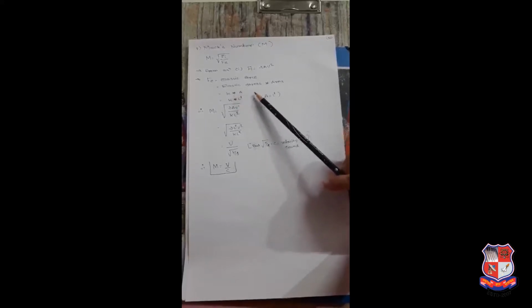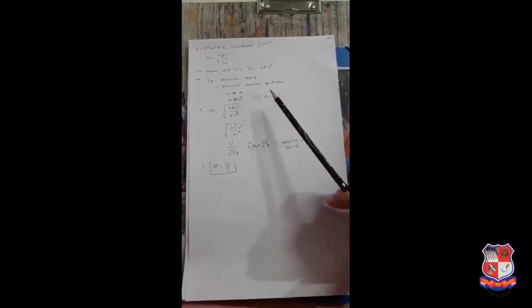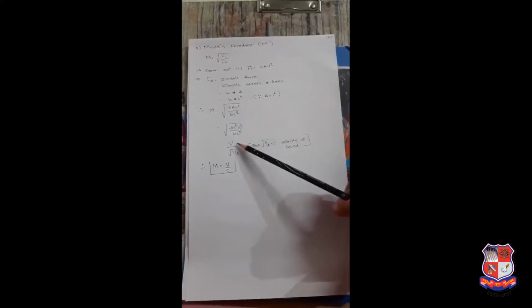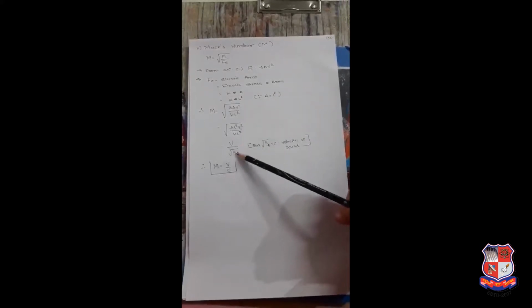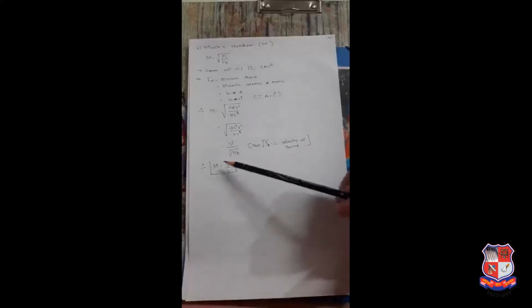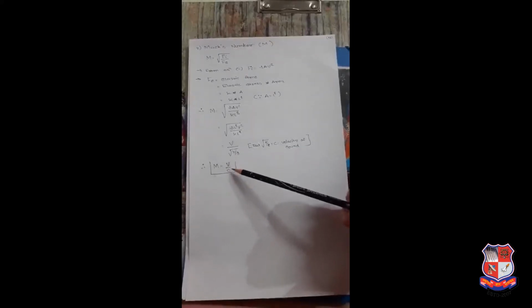Elastic stress is denoted by K, so K into A. Area can be written as L square. So finally we get the equation of Mach number. Here, square root of K by rho is known as velocity of sound. So Mach number is equal to fluid velocity divided by velocity of sound. M is equal to V by C.